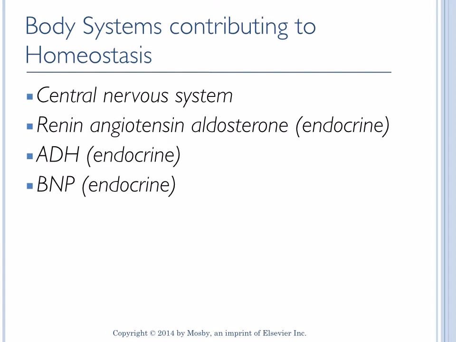Then epinephrine or norepinephrine are secreted into the blood. Epinephrine increases heart contractility, thereby increasing cardiac output. Epinephrine and norepinephrine also act as potent vasoconstrictors, so the blood pressure goes up.